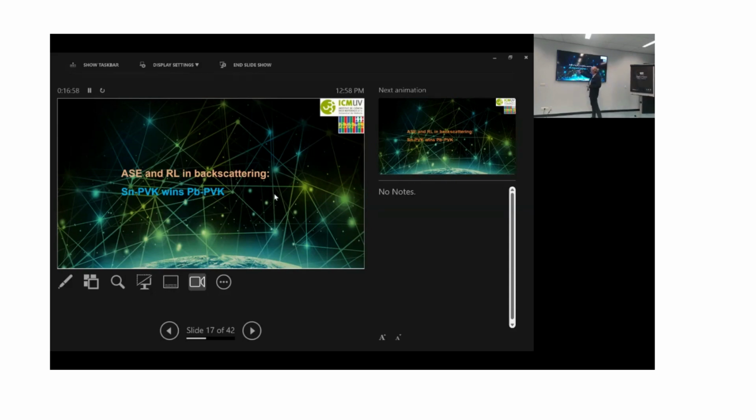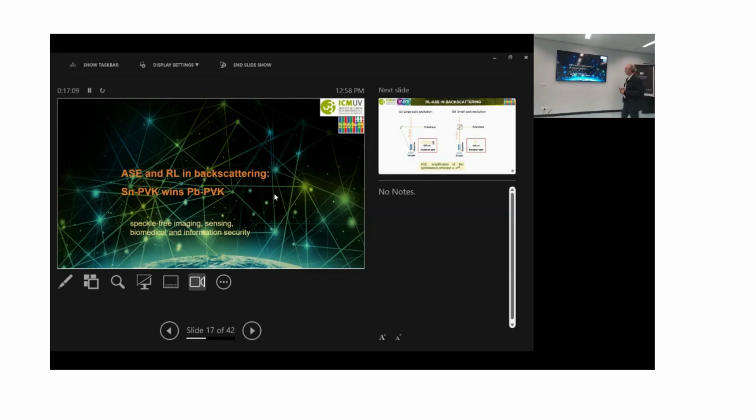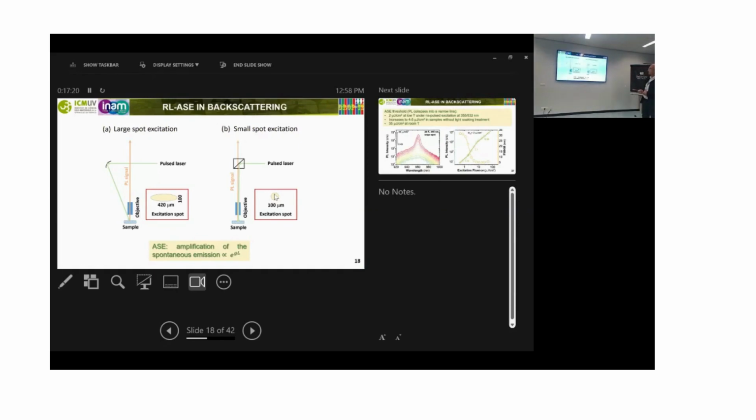And it's the only case where the tin perovskite is winning over the lead perovskite. Random lasing can be used for several applications, like speckle-free imaging, sensing, and biomedical information security. Of course, I have not developed those applications, but it's the general field of application for random lasing.